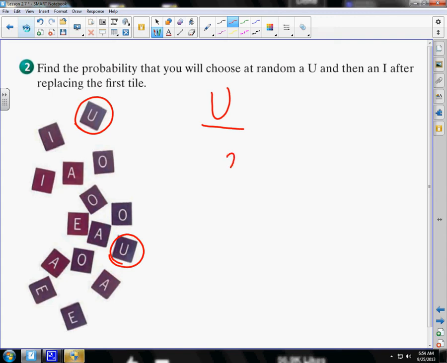So that would be 2 out of 1, 2, 3, 4, 5, 6, 7, 8, 9, 10, 11, 12, 13, 14, 15. So there's 2 out of 15.